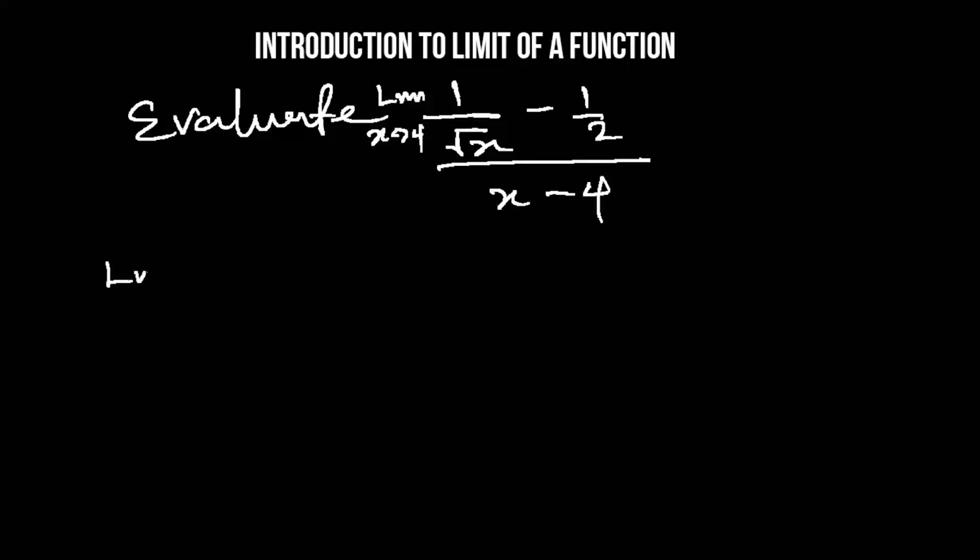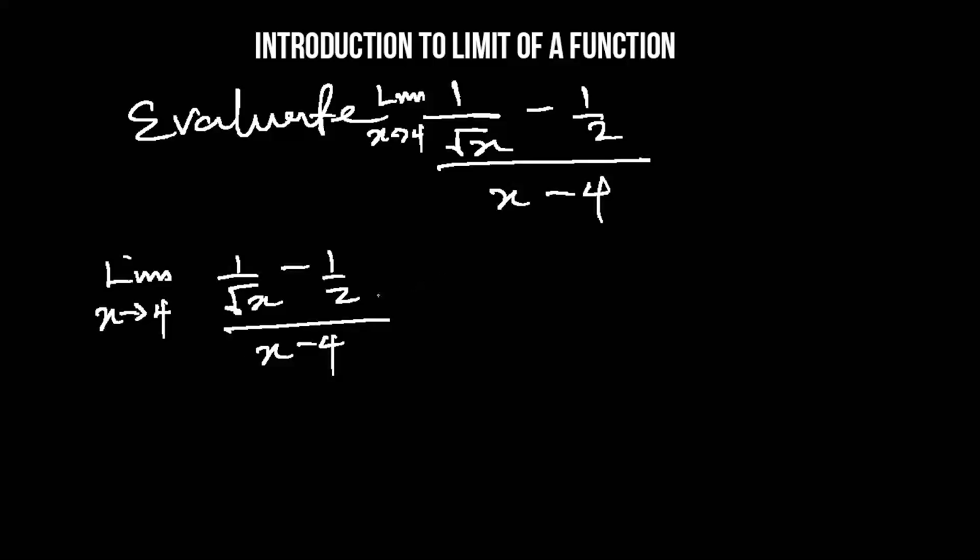So we say the limit as x tends to 4 of (1 over root x minus 1 over 2) divided by (x minus 4). If this is what I have, then I'll multiply both numerator and denominator by 2 root x.